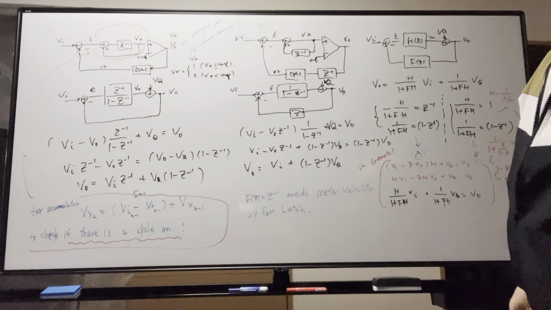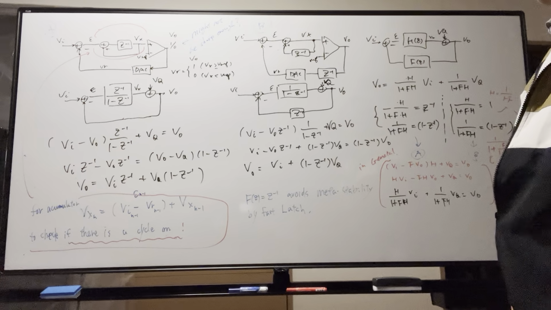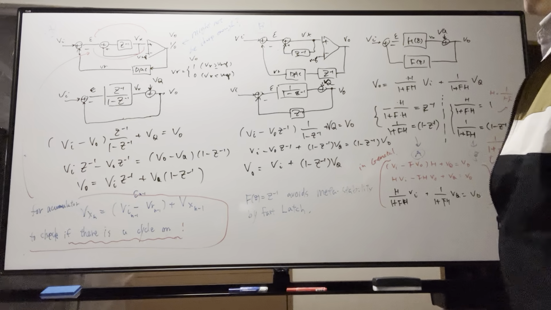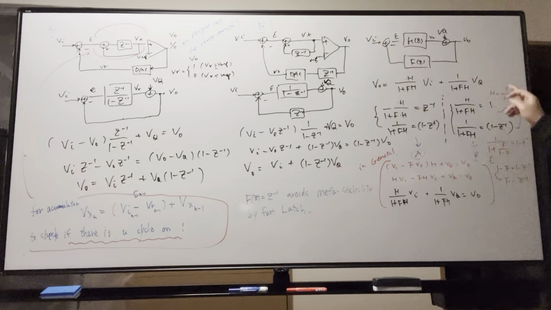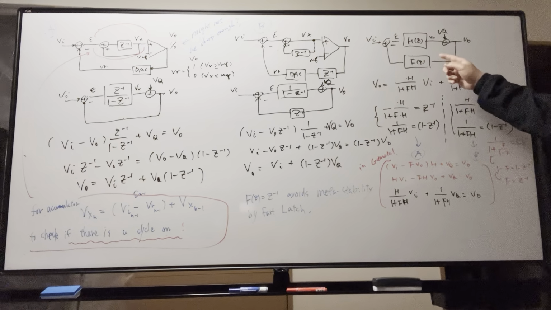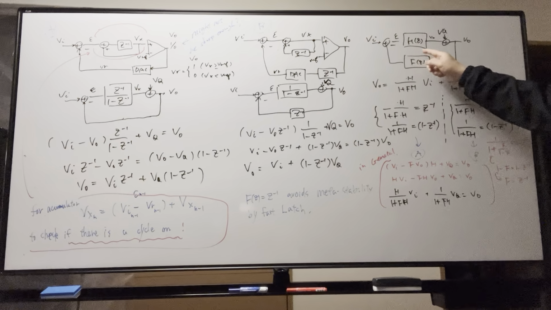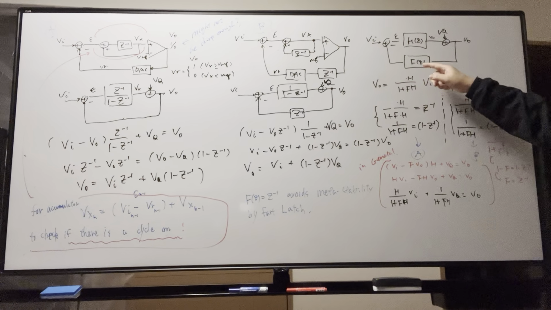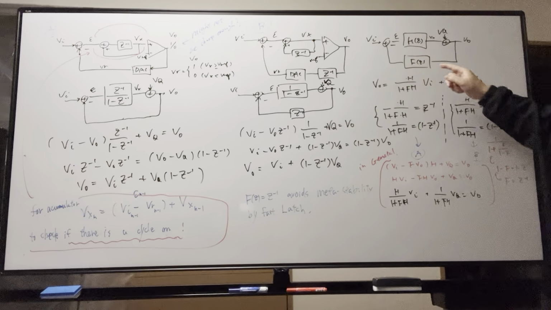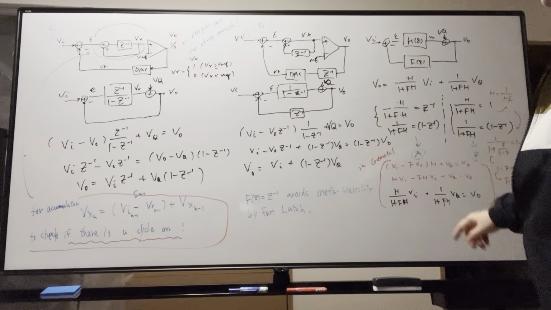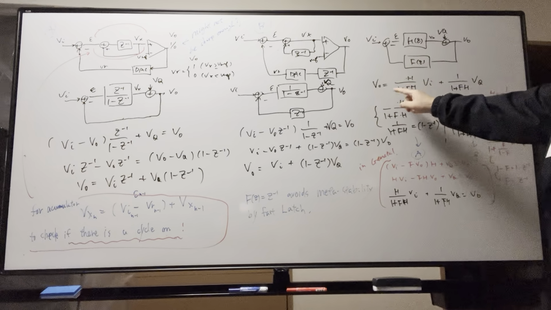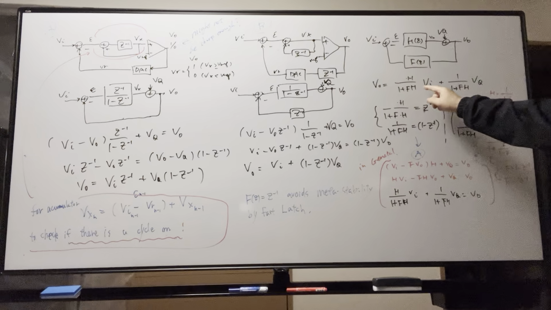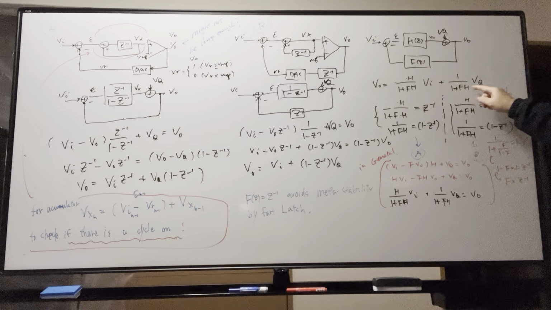I wrote two kinds of diagram, and this leftmost one is the general case of the root filter H(z) and the feedback filter F(z). In general, Vout is H over 1 plus FH times Vi, plus 1 over 1 plus FH times VQ.